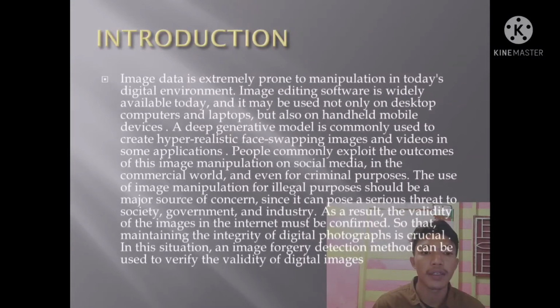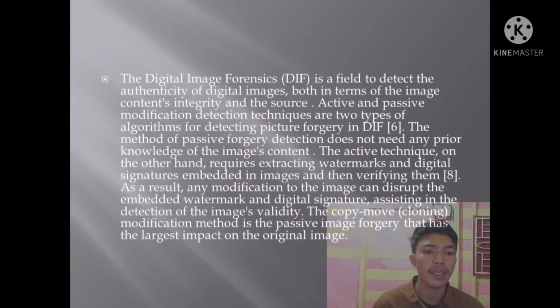Digital image forensics, or DIF, is a field to detect the authenticity of digital images, both in terms of the image content integrity and the source. Active and passive modification detection techniques are two types of algorithm for detecting forgery in DIF.